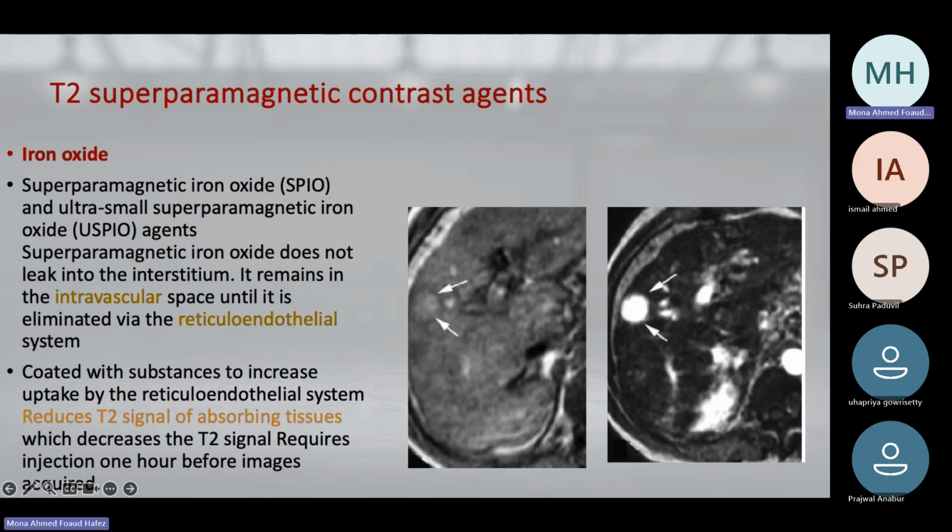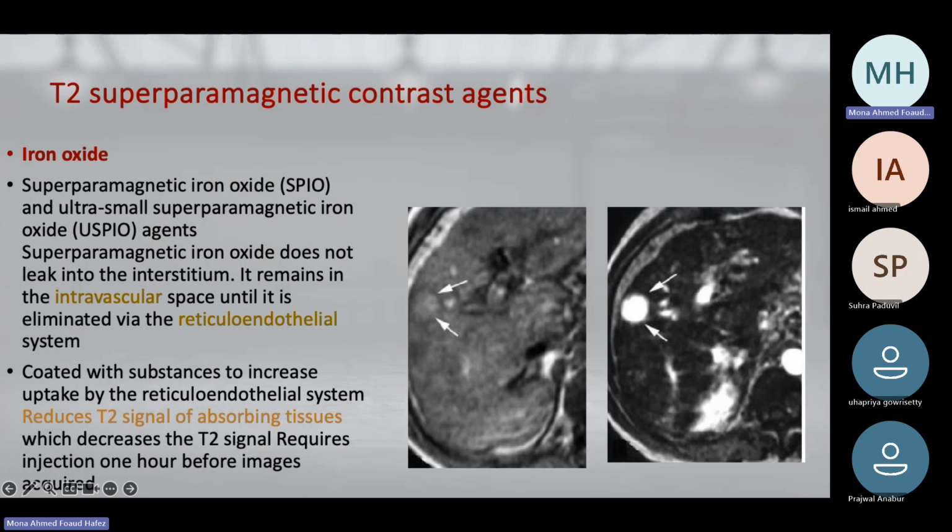So they don't leak to the interstitium, but remain in the intravascular space until they are eliminated by the reticuloendothelial system. So they are taken up by the reticuloendothelial system, which is normally present in normal liver tissue, and are coated with a substance to increase uptake by the reticuloendothelial system.